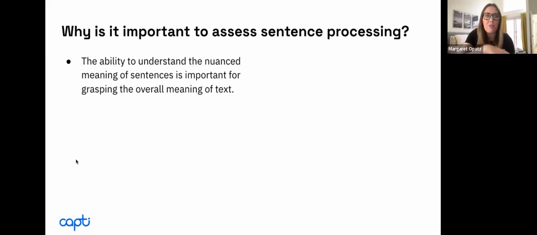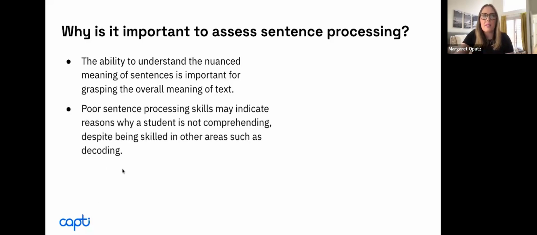And if we don't know if they're able to do that at the sentence level, we may not be able to support them if we think it's more of a whole text issue. So this is breaking the text level down into sentences to be able to say, can students grasp the meaning at the sentence level?